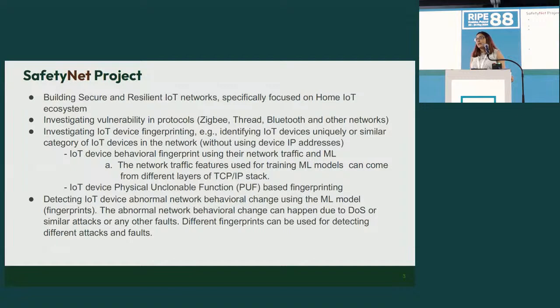For example, it could be the case that the device has been attacked and is behaving differently, or it could be the case that the device has some internal problems. For example, it's faulty, or some of the sensors or the communication chip is not working appropriately. So these fingerprints which we create could detect different kinds of attacks and faults.